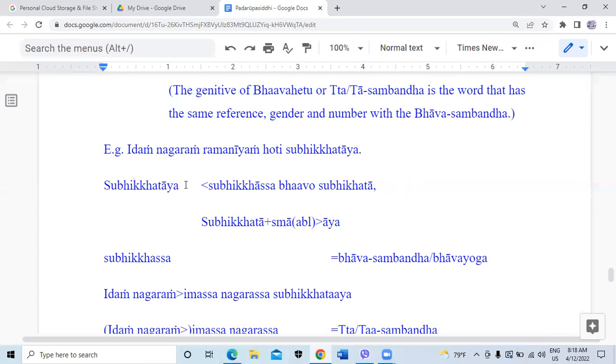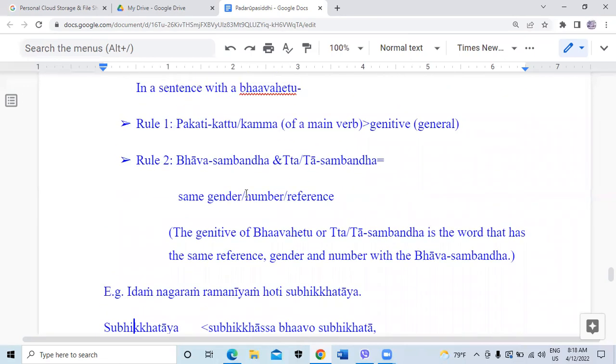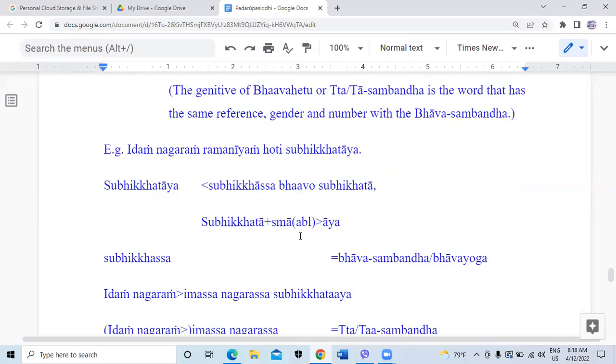Okay, so now you know what is bhava sambandha and what is tata sambandha. In this example, in the step of Bhāvataddhita, the genitive word before the bhava word is called bhava sambandha. If so, here subhika is bhava sambandha.